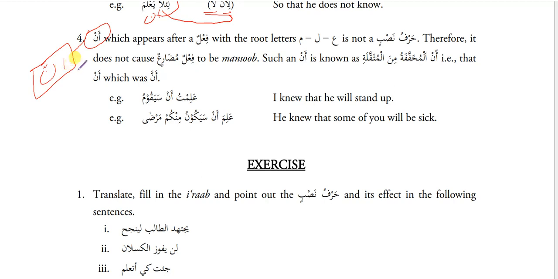Inna, anna, laita, lakinna, la'alla are the huruf mushabbah bil fail. They are only used with ism, not with fail. But sometimes you will see this an on fail muzare, and you will see that they are not changing the i'rab of fail muzare. So if an is there and it is not making any changes in fail muzare, remember that that an is not the simple an, rather it is anna. Okay.